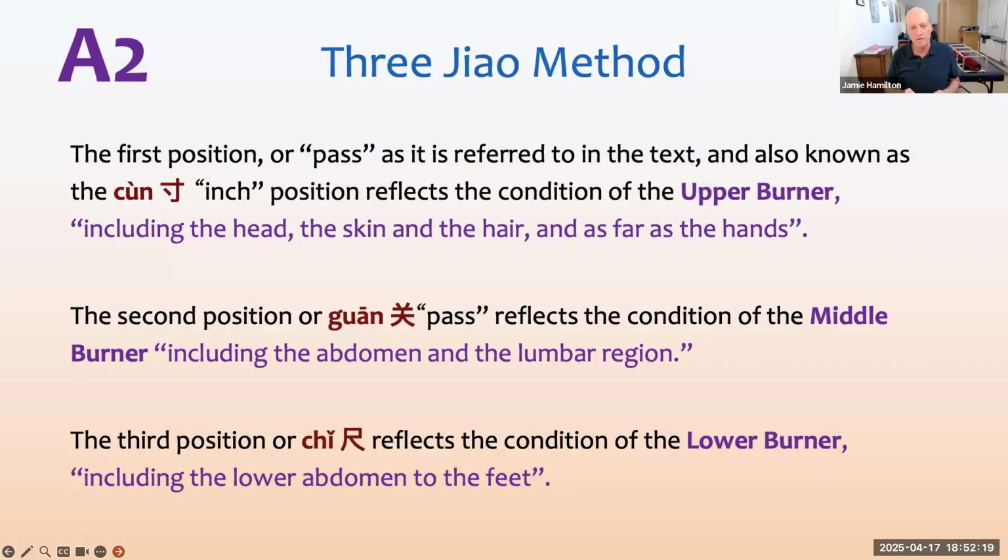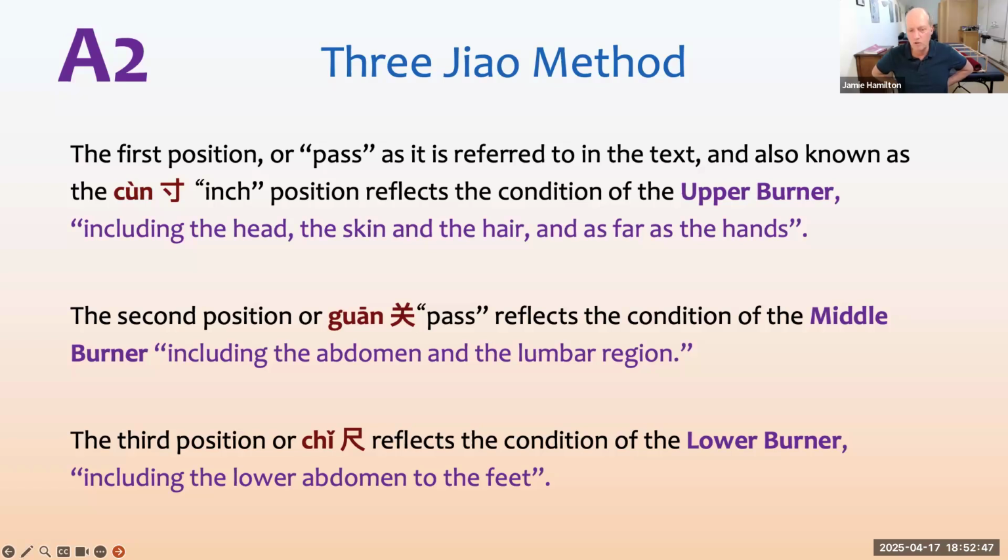The second position, which is also called guan. So there's these phrases of saying sun, guan, and che. So the second position, or guan, is the condition of the middle burner, including the abdomen and the lumbar region. So not just the front, but also the back. Okay. So notice also it hasn't got the organs. Normally, when we talk about the three jowl, most people think about the organs that go in the three jowl, but these are like whole regions.